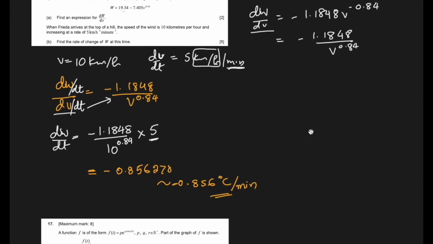Finally, let's go to question number 17, the last of the lot. A function f is in the form of this, so many variables. Let me rewrite this, may not be clear there. f(t) is equal to p e to the power q cos rt.